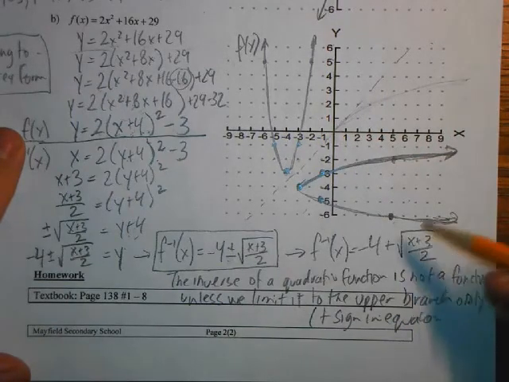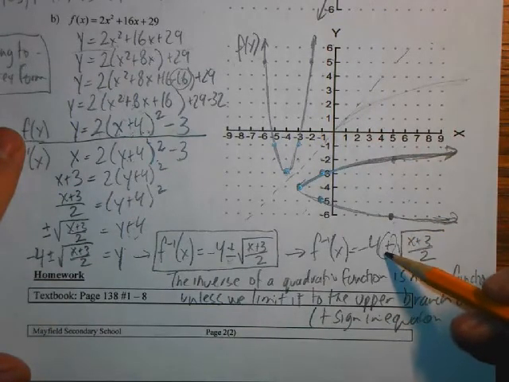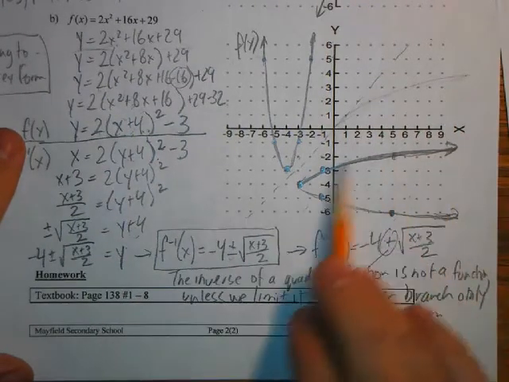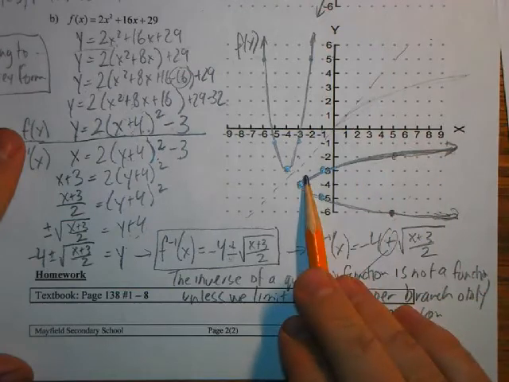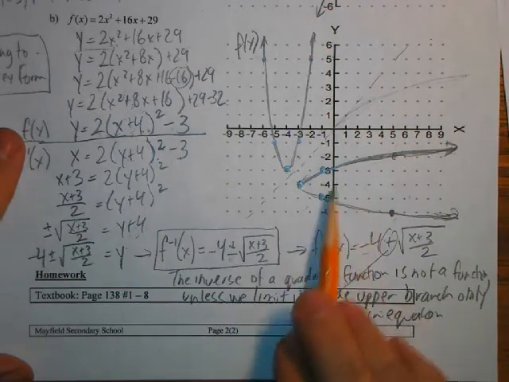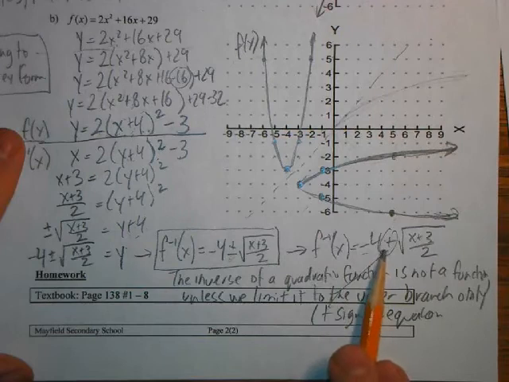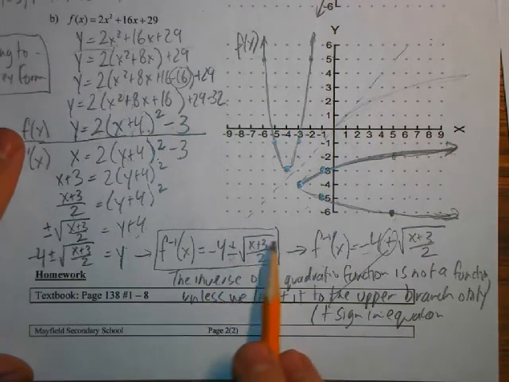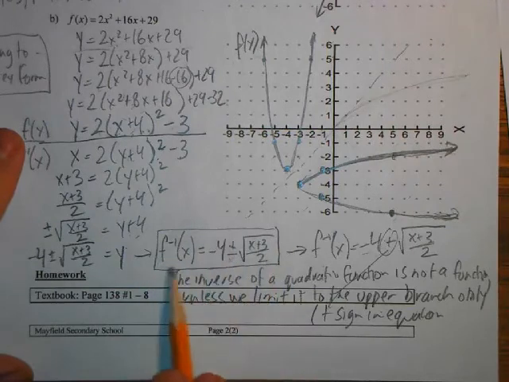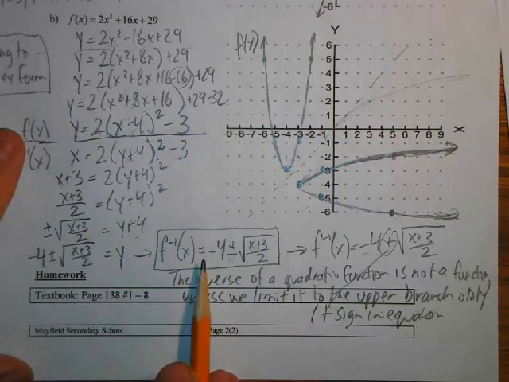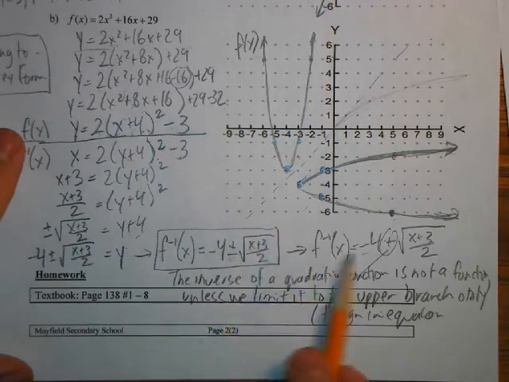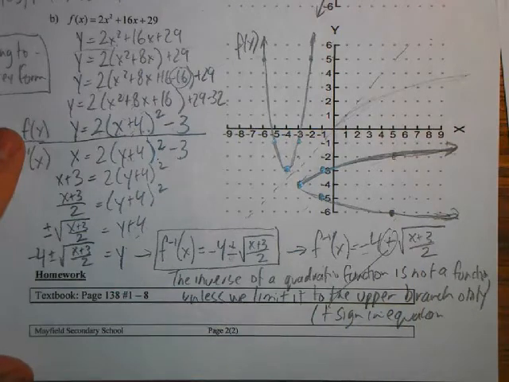Okay, and so what we did by putting this in here is limit this graph to just this part here, and therefore it passes the vertical line test, therefore it is a function. Okay, if I wrote it like this, I would have to declare this is not really a function. It fails the vertical line test, but that's what we do for these root functions in order to allow them to be classified as a function.